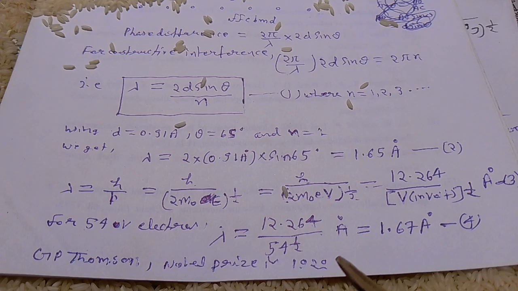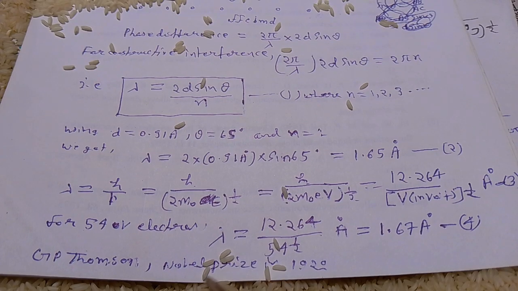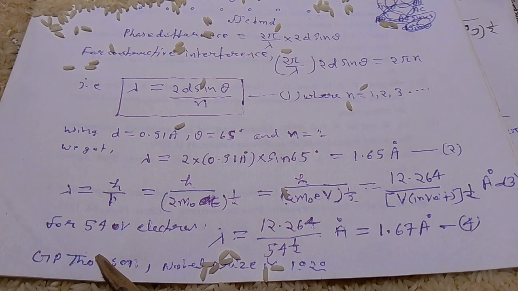It is of interest to note that Sir J.J. Thomson was awarded the Nobel Prize in 1906 for discovering the electron as a particle carrying negative electrical charge, and in 1937 his son G.P. Thomson also got the same prize, that is the Nobel Prize, for establishing the wave nature of the electron.